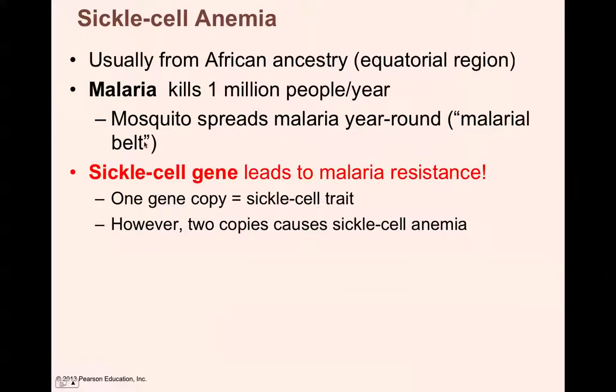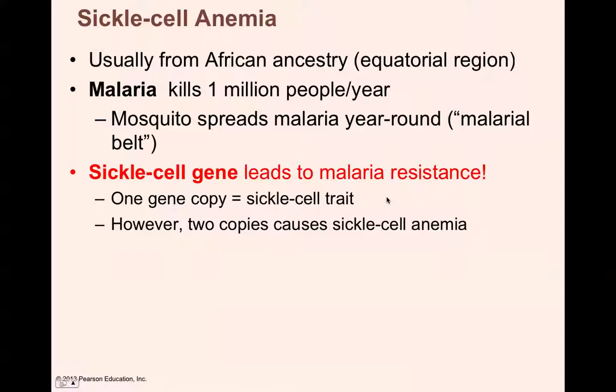If a person inherits one sickle cell gene, this actually led to malaria resistance. If you have one copy, we call this the sickle cell trait. So individuals who inherited one copy of the sickle cell gene, some of their red blood cells would become sickle-shaped, and it releases potassium that actually kills the malaria parasite, the parasite that causes malaria.